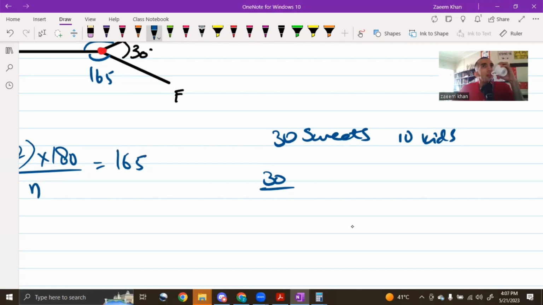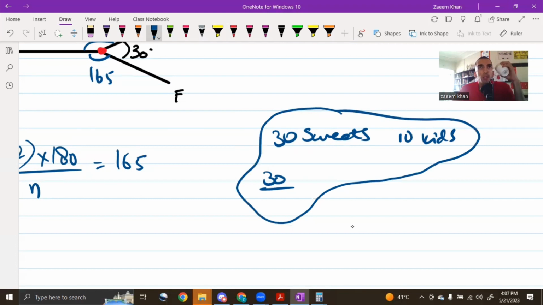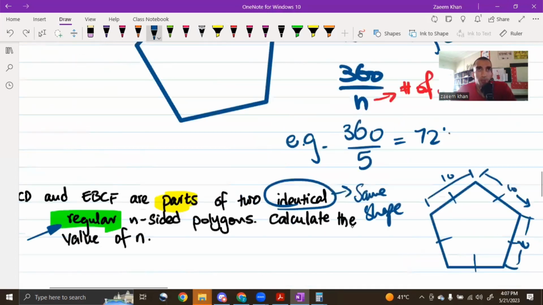We're discussing just another example in which we've got 30 sweets and 10 kids, and you're supposed to distribute the sweets amongst the kids. So 3. You're going to write 30 on top. That's the total amount that you have. And you're going to write 10 down here. That's the number of people you're supposed to divide it amongst.